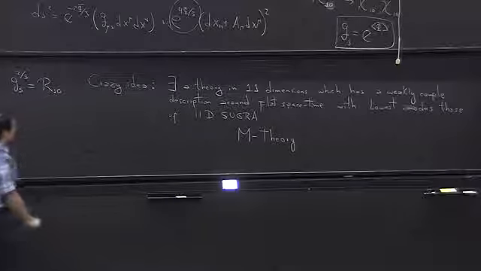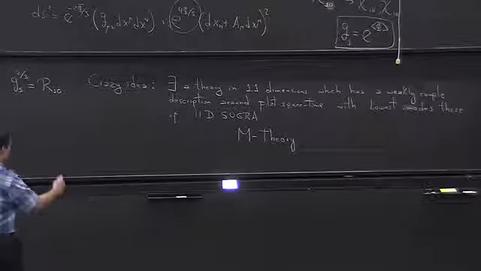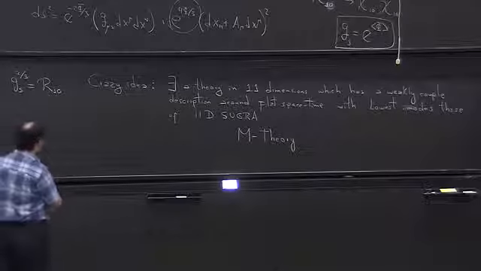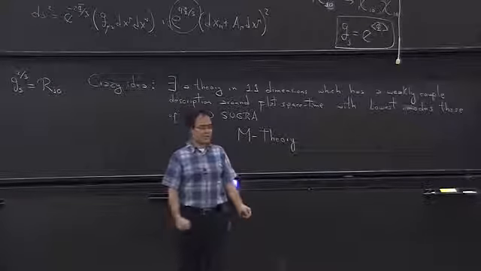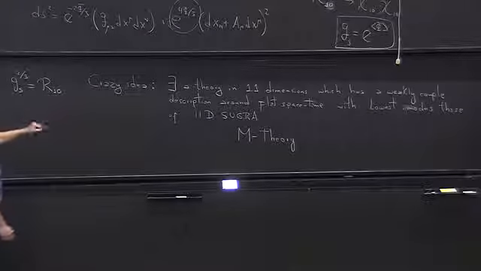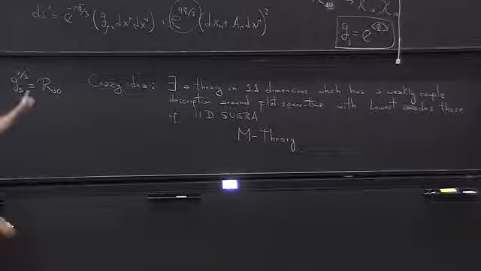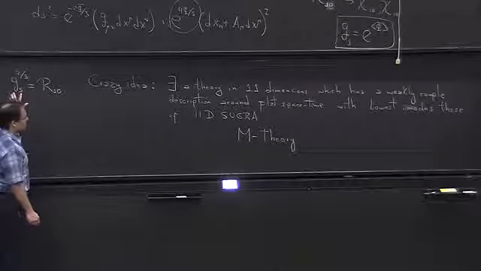Okay. Well, proposing that there is a theory in 11 dimensions that is consistent and that exists by itself is one thing. But another thing is to say that not only that, but that theory, when you compactify on a circle, will end up giving rise to type 2A superstring theory with this coupling.